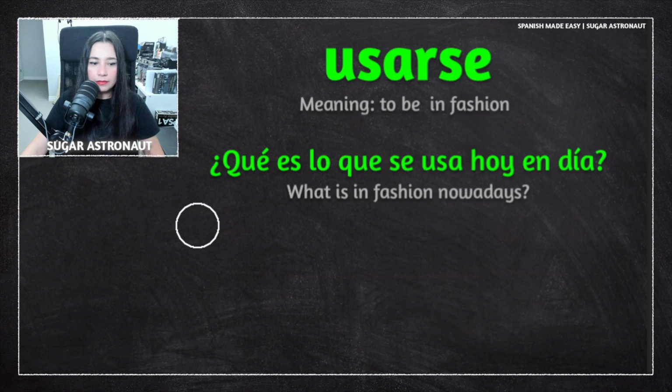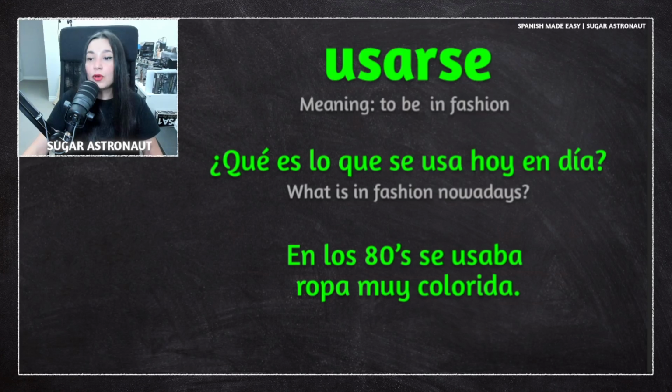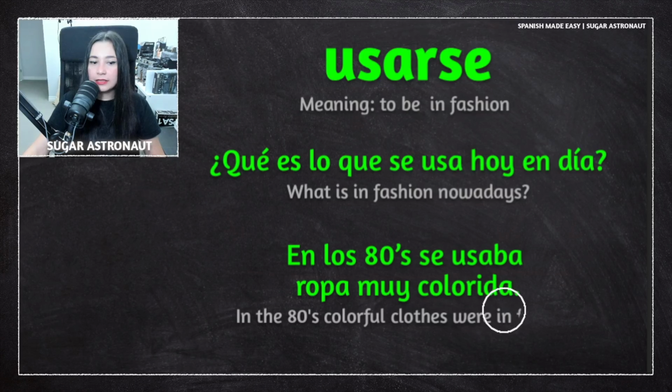En los 80s se usaba ropa muy colorida. Again, en los 80s se usaba ropa muy colorida. So this means in the 80s, very colorful clothes were in fashion. En means in.